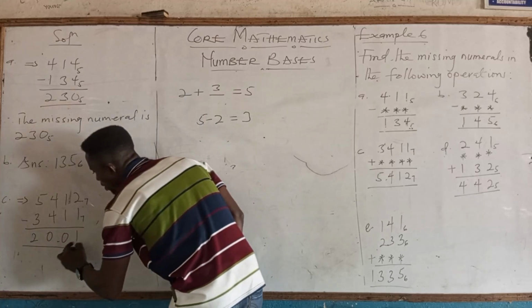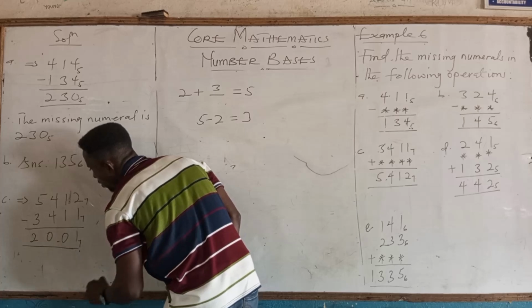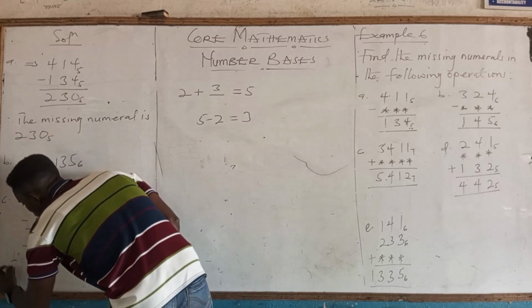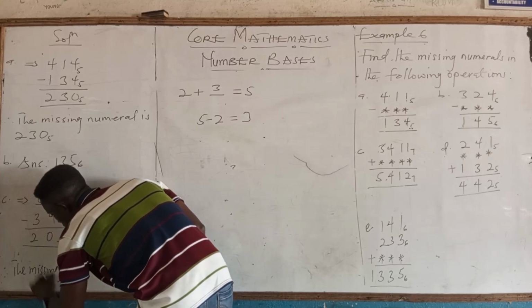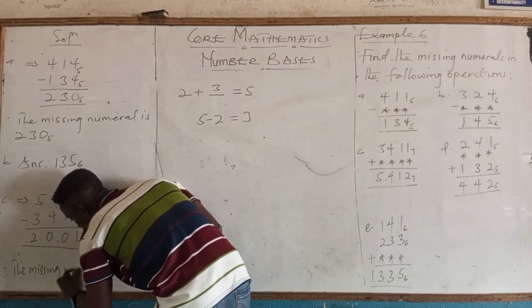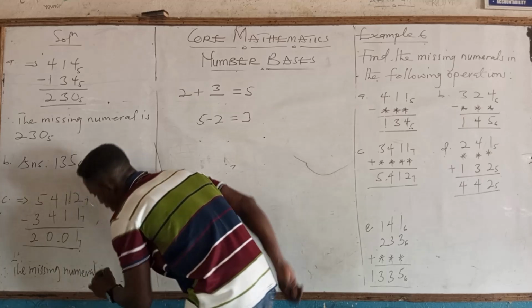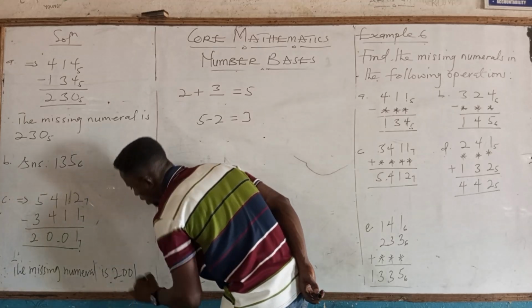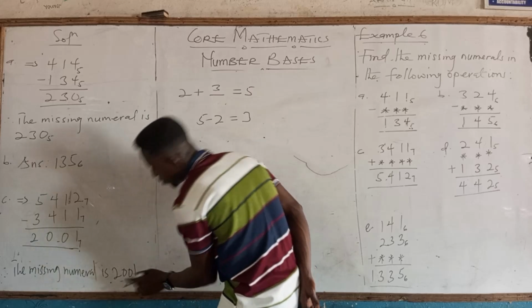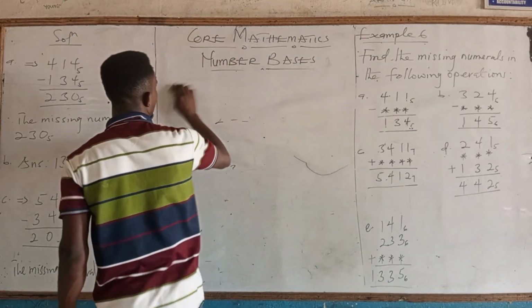Then that one too is in base 7. So therefore, the missing number or numeral is 2001 base 7. So that is that.